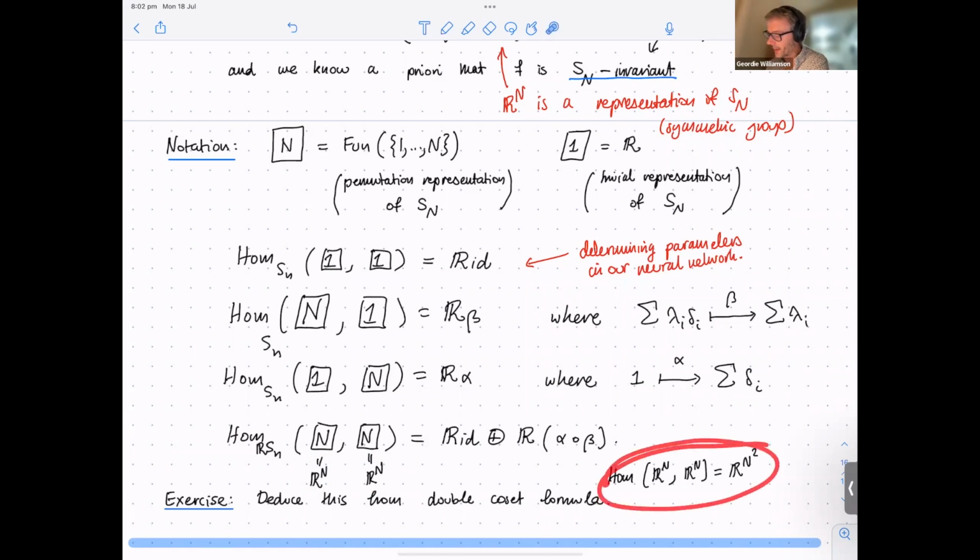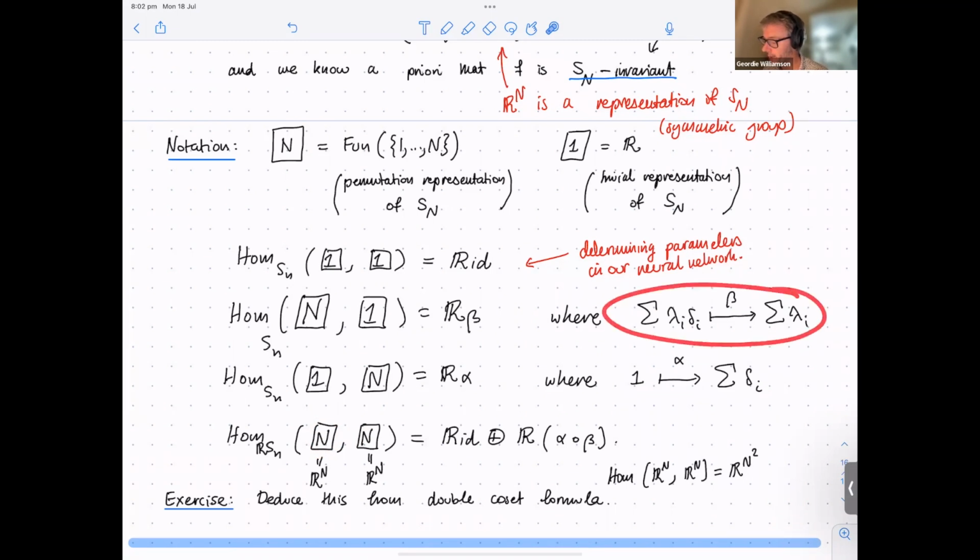So this is an enormously large space. But now, if we look at those maps from here to here which are equivariant for SN, it turns out that there's not very many of them. One example is I could take the identity. Another example is I could take all of my coordinates and sum them up. So that's this map here.